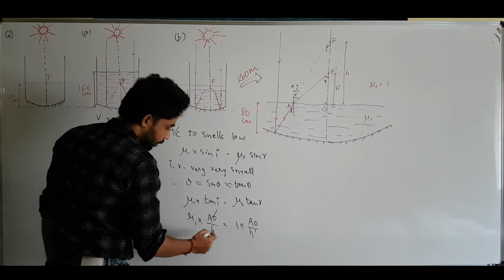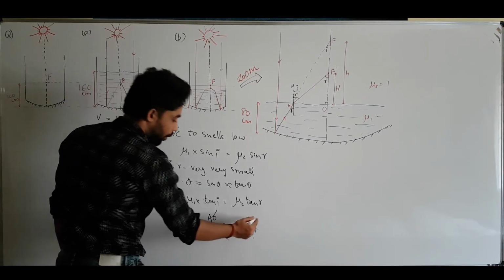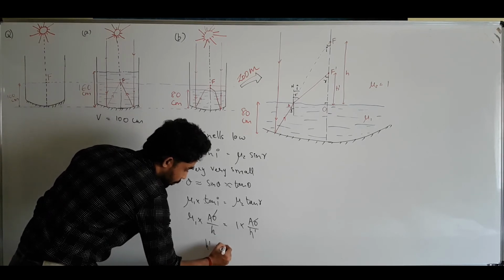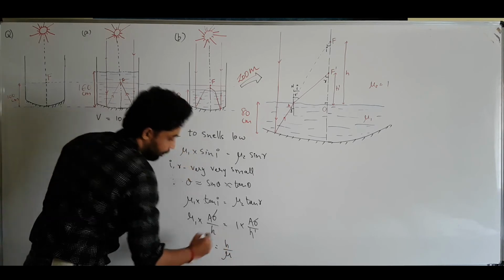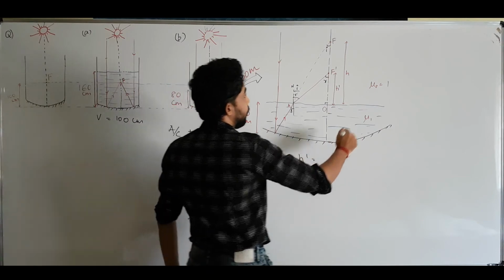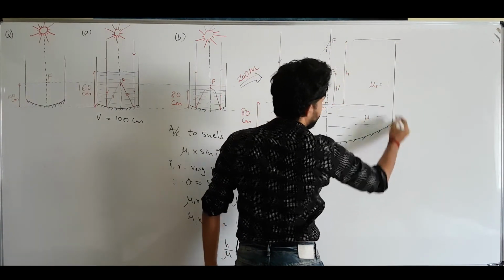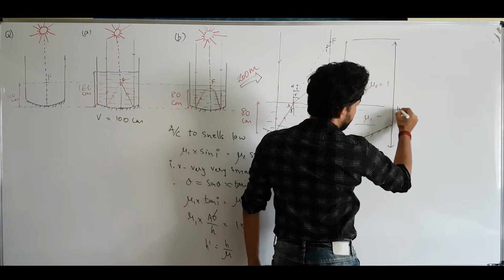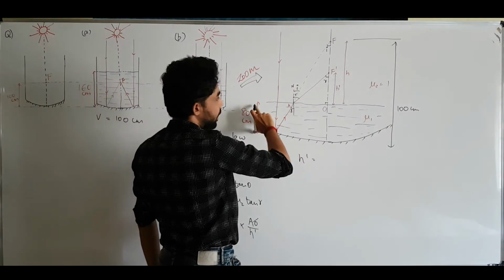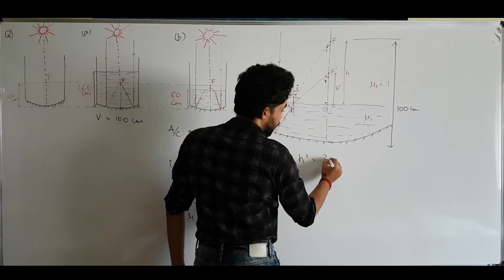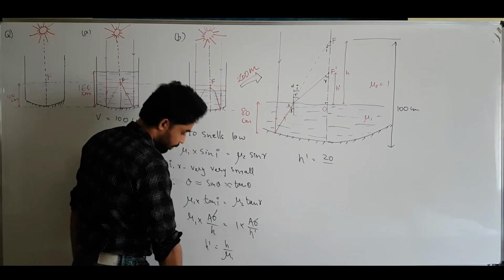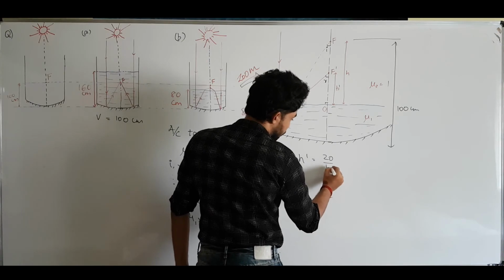So from this expression, AO cancels, and I'll get h dash to be h by mu1. Therefore this h dash is going to be h. We know from here, that is the focus to the mirror, the distance is 100 centimeter, because focal length is 100 centimeter. So this h is going to be 100 minus 80, the water level, which is 20 centimeter, divided by the refractive index of water, this is mu1. So refractive index of water is 4 by 3.